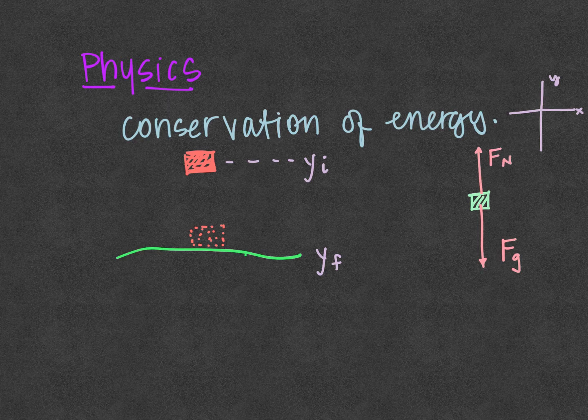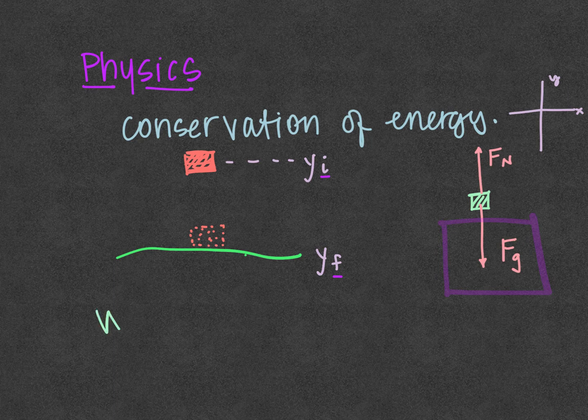So if we just isolate what's going on here with our gravitational force, this gravitational force will be acting on the object as it moves from this initial position to this final position. So that gravitational force will do work.